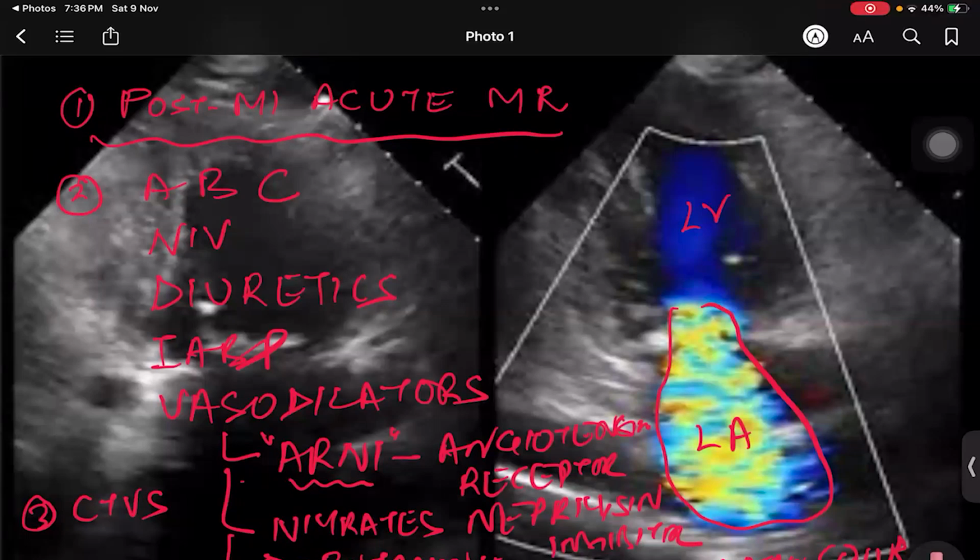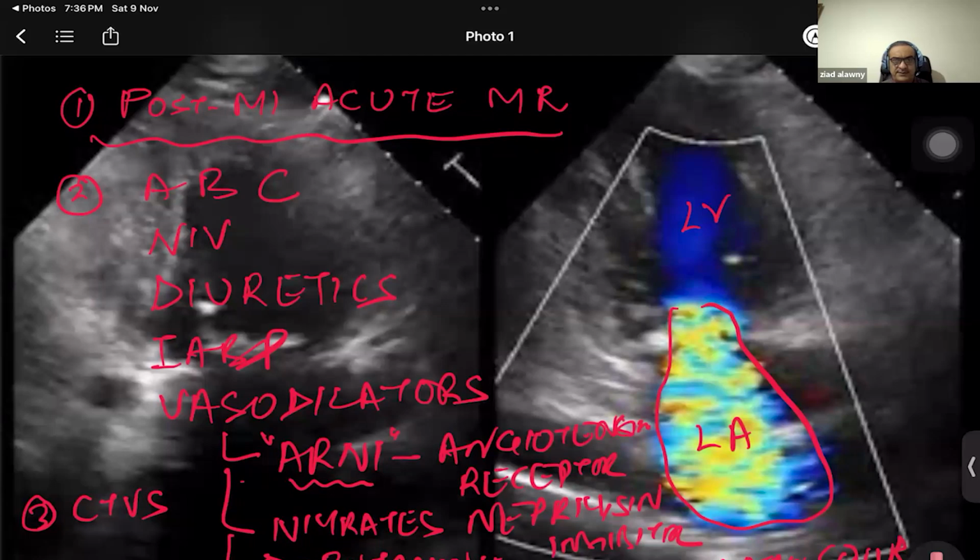So can you tell me again? You can read from the screen in case. So this is post-MI acute MR. How do you treat it? ABC and noninvasive ventilation, diuretics, intra-aortic balloon pump, and vasodilators.